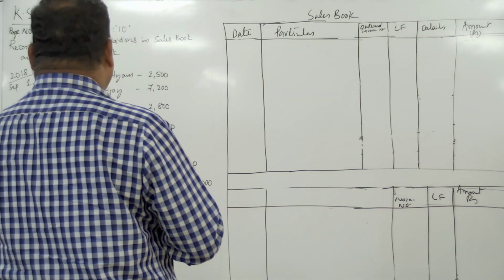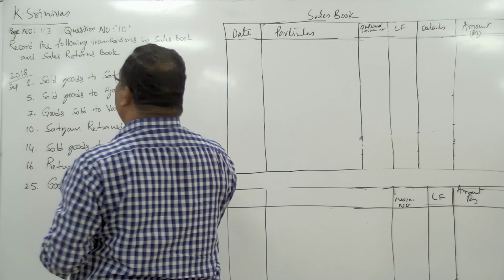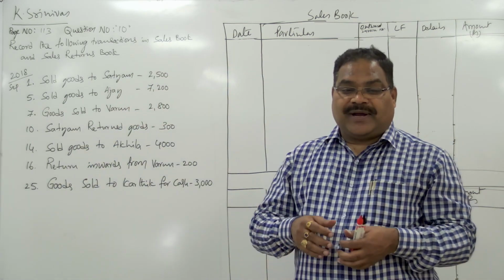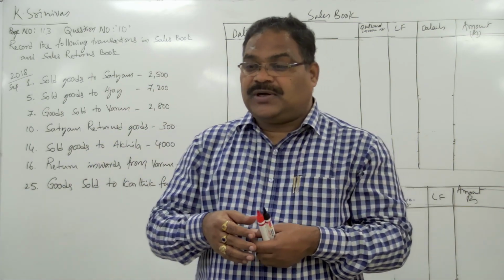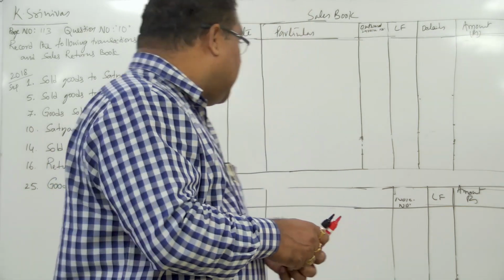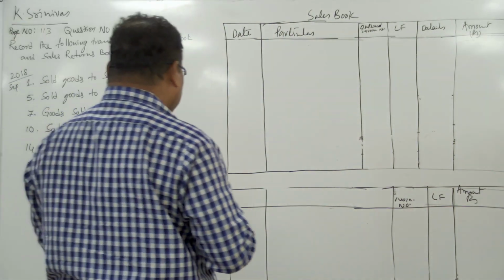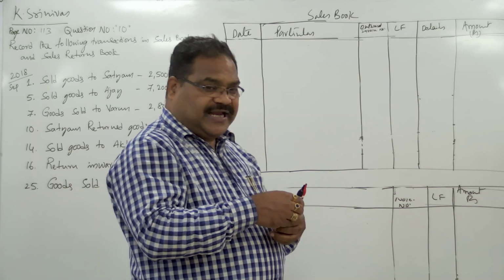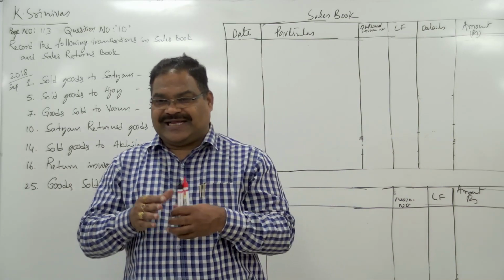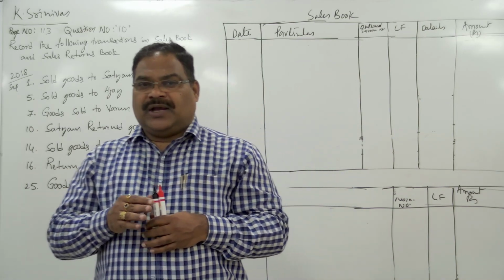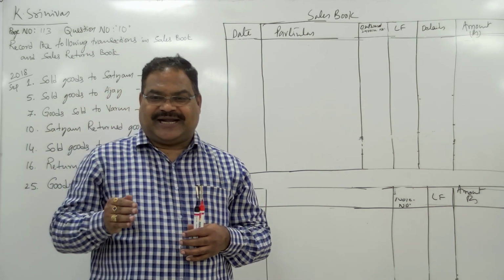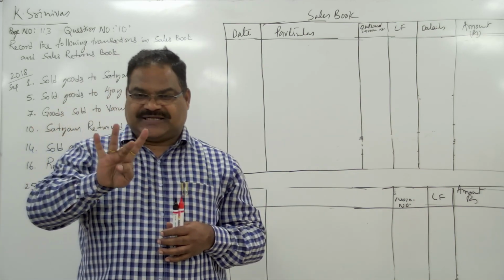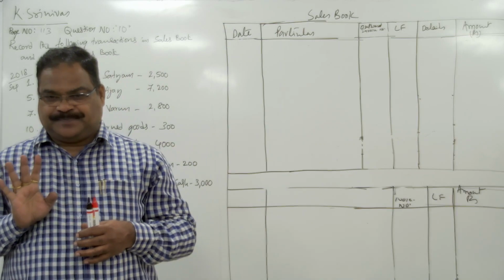Okay, now problem number 10 from your Telugu Academy textbook, page number 113. Once again, I would like to talk to you about what exactly we are doing today. We are mainly concentrating on 4 books: purchase book, purchase returns, sales book, and sales returns.